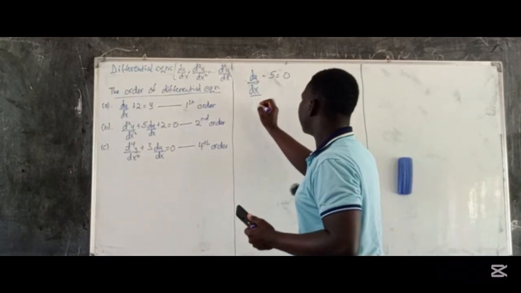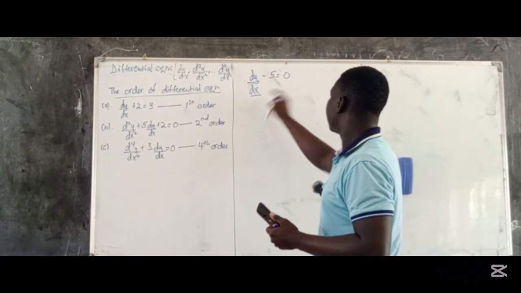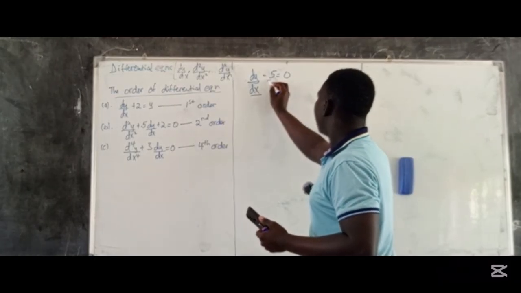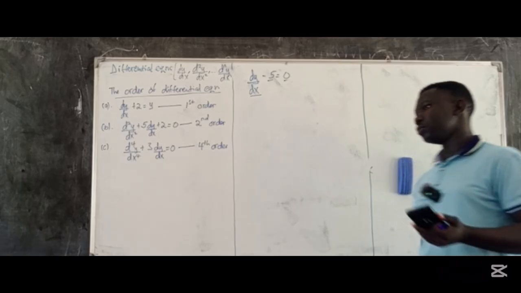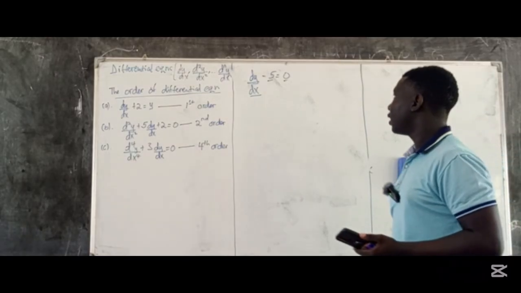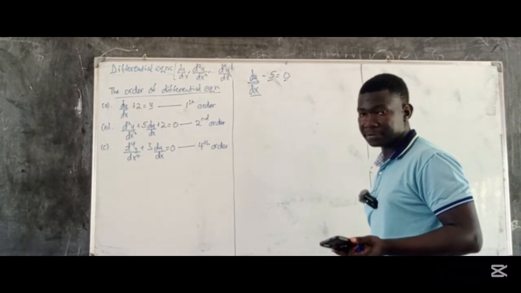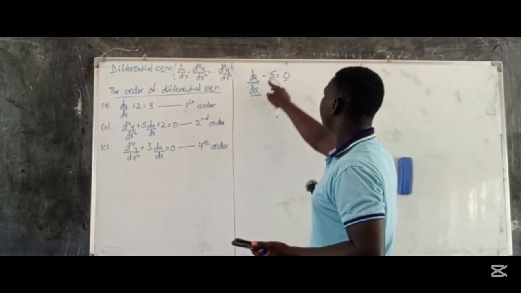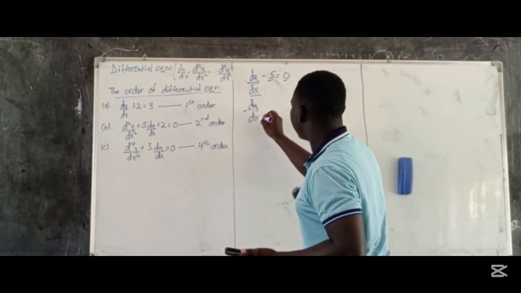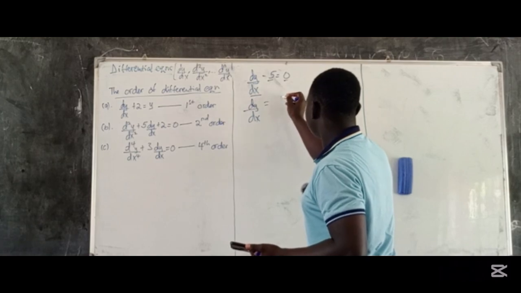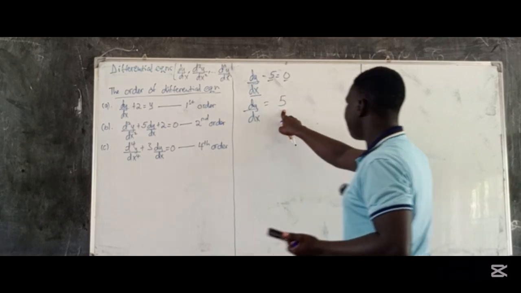Why? It has an element of dy/dx, then it has an integer here, an integer there. So what are we going to do? First things first, we separate. We have a dy/dx and we have a constant number here. So I'll first separate the two. This crosses this side.